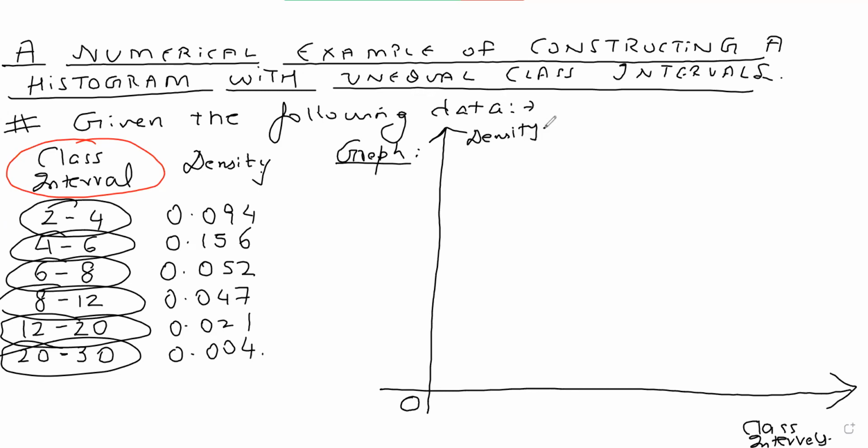Let's say 1 centimeter gap represents a class width of 2. So I can say 2, 4, 6, 8, 10, 12, 14, 16.